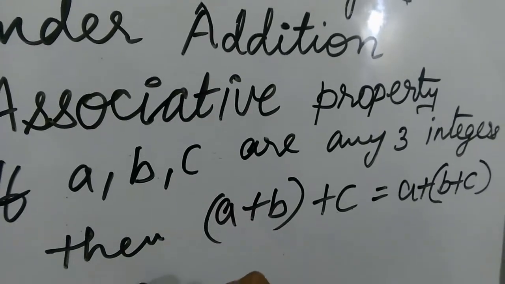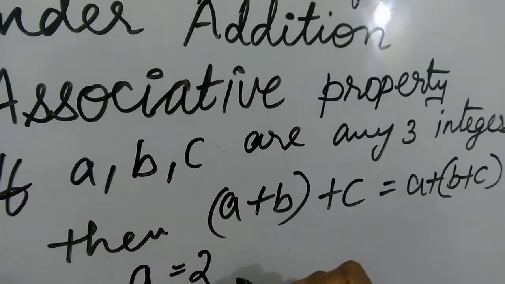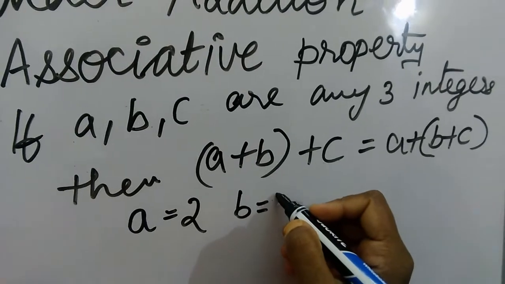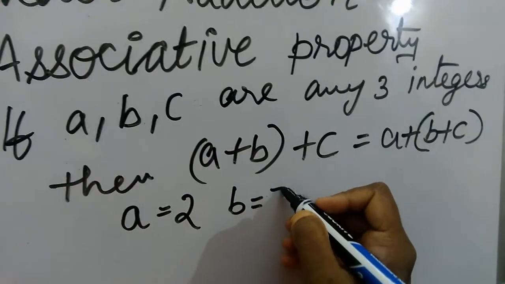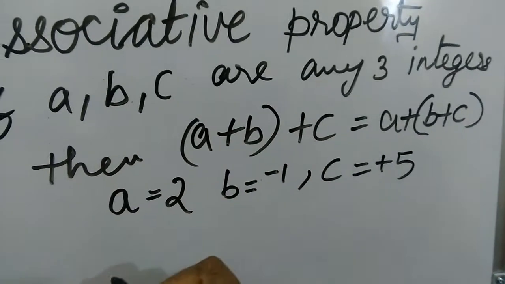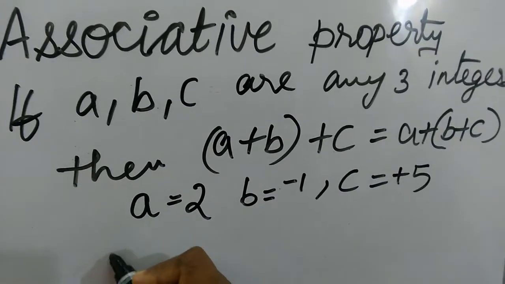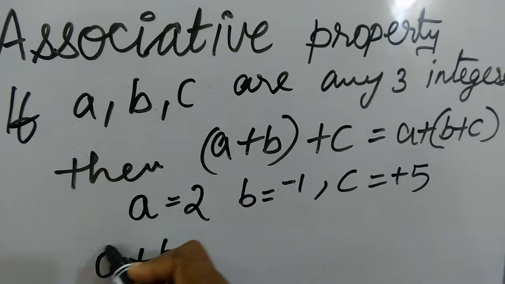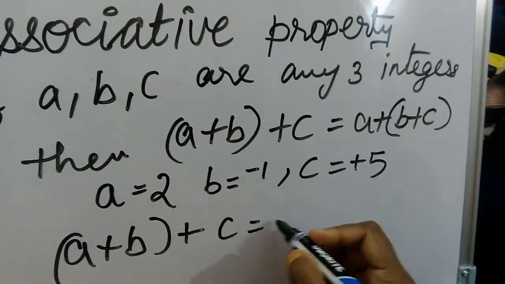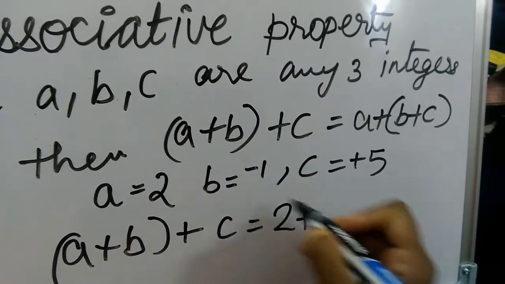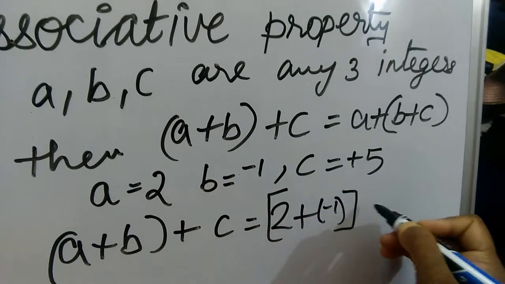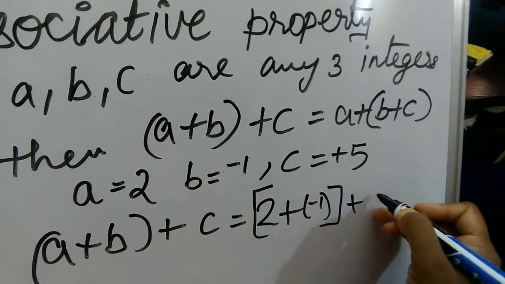Take a equal to 2, b equal to -1, c equal to +5. Now LHS side, (a plus b) plus c equal to, a is here 2, b is -1, bracket, plus c is +5.